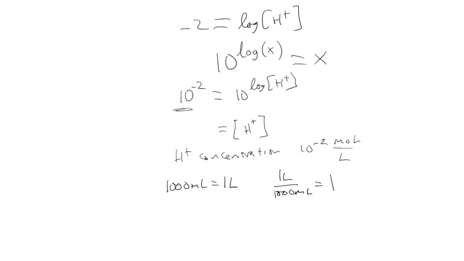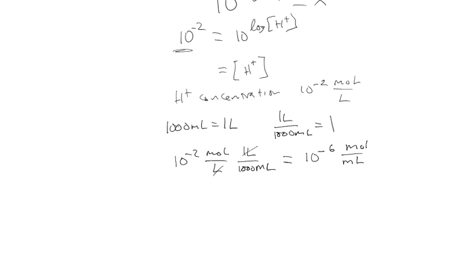So we multiply the H plus concentration, 10 to the minus 2 moles per liter, by 1 liter over 1,000 milliliters, and then we can cancel the liters units. Now we have 10 to the minus 5 moles per milliliter.